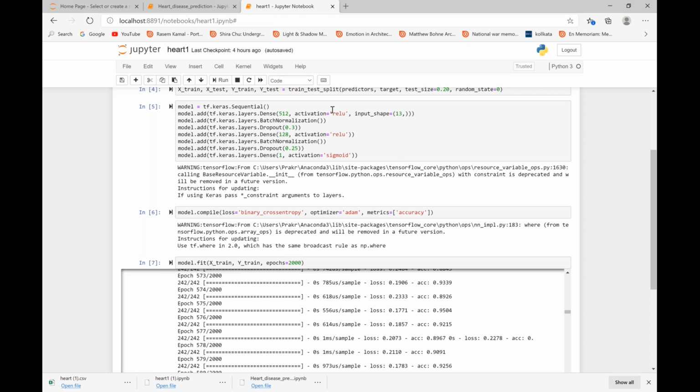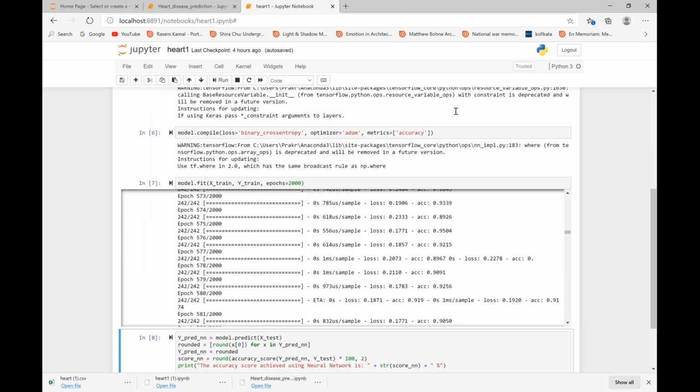Again, down here we can see we have used activation as ReLU, rectified linear unit. And then again, in the second layer we have used batch normalization, and then dropout, and then the activation here we have used as sigmoid, so that it can properly predict whether the person has heart disease or not.